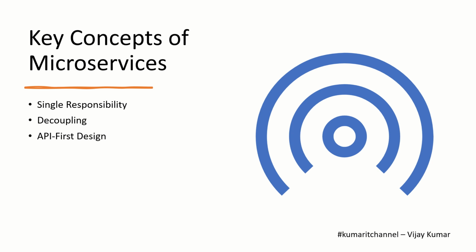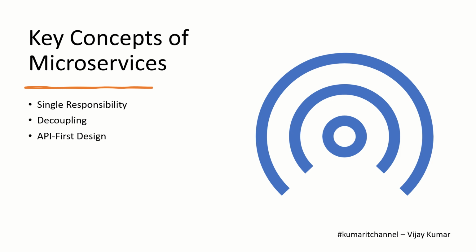And another important key concept we have to know is API first design. What is this? This involves designing microservices with a focus on their APIs, which define how services communicate with each other. An API first design approach helps to ensure that microservices are interoperable and can easily integrate with other services and applications, right?